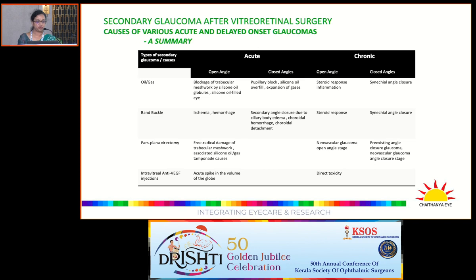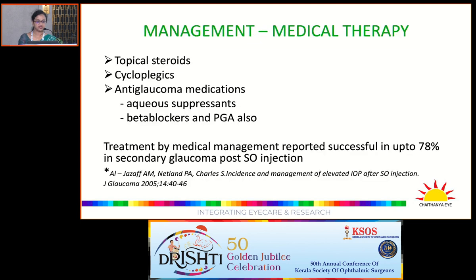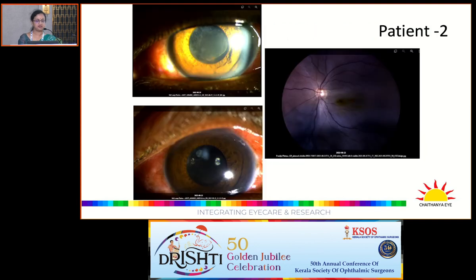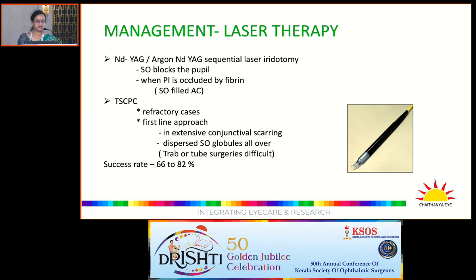So this is a summary of all the causes of acute IOP rises on the left-hand side, which I have already explained in the discussions. For management, most of the time medical management suffices, with intense steroids, cycloplegics, and anti-glaucoma medications. Like in this first patient, aggressive steroids brought it down in a week's time, after which the anti-glaucoma drugs could be stopped. Lasers are very helpful.